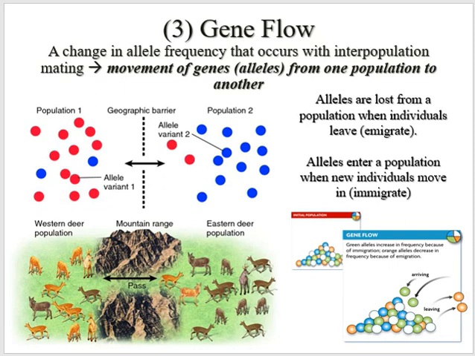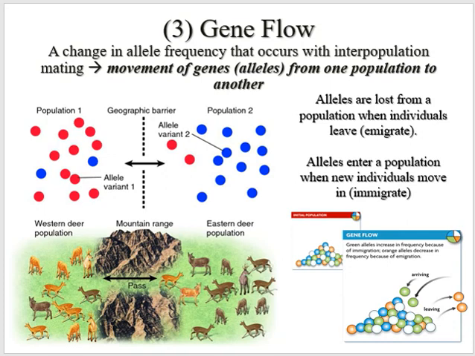But because you have this transfer of genetic material between the two populations, you're transferring similar or the same alleles. So the allelic compositions of those two populations are going to become more and more similar. Again, gene flow tends to decrease genetic variation between populations.